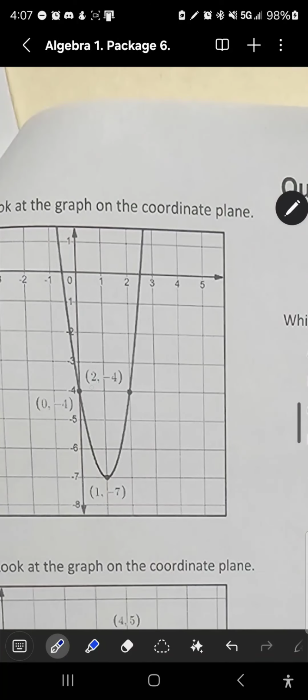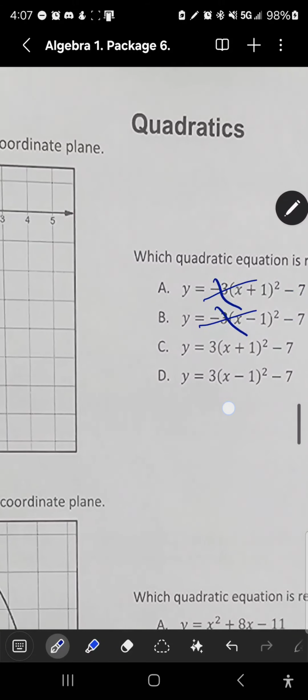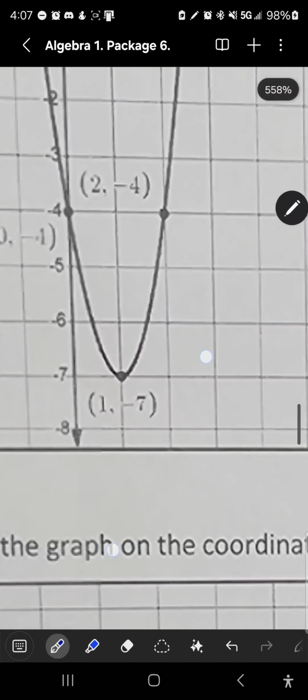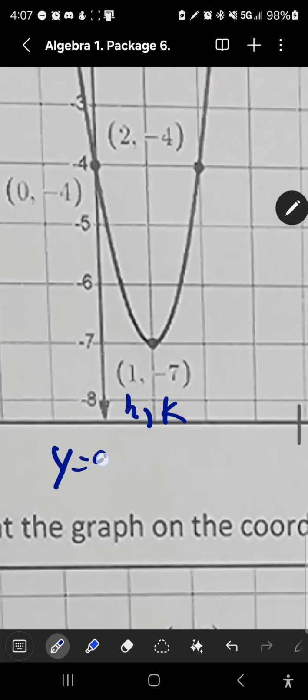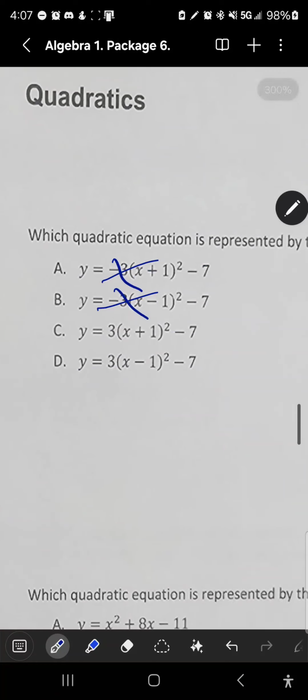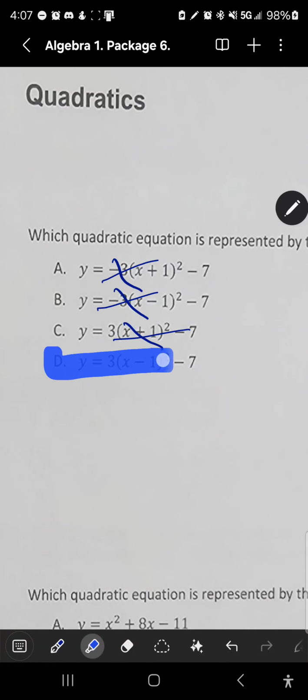It is becoming more positive, like with time: negative 4, negative 3, negative 2, negative 1, 0, 1, 2, 3, 4, 5, etc. So we want a positive value, and then these are h, these are k, and we have that y equals a(x minus h), so x minus 1 squared plus k, which is plus negative 7, which is the same as saying minus 7. And then (x minus 1) squared minus 7, which is not this equation, it is d.